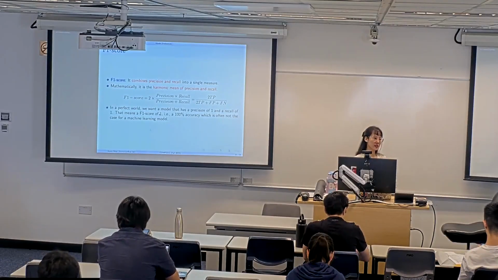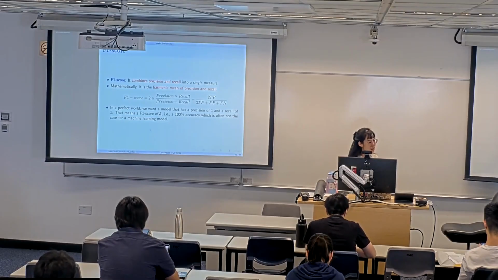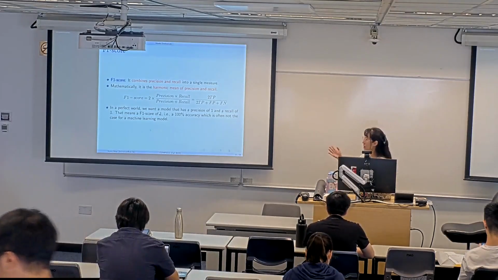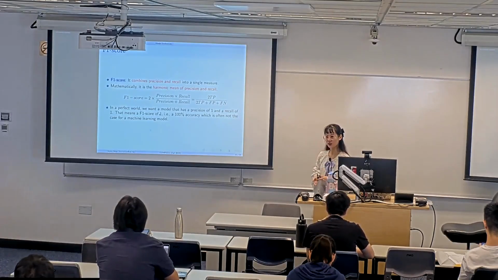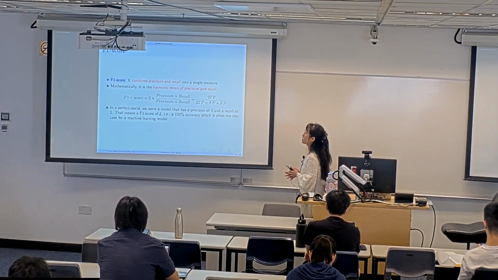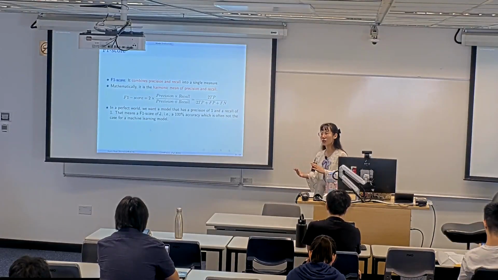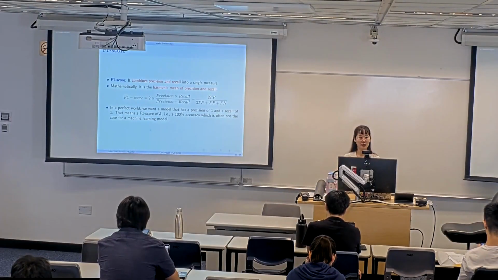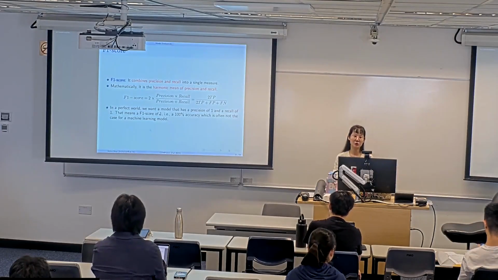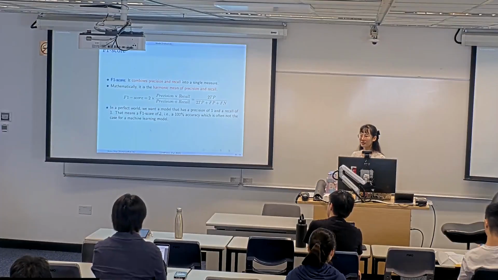Usually after you train it and test it on a new data set, you cannot have 100% accuracy. There must be some mistakes. So we usually use the F1 score to find a balanced evaluation metric. Any questions so far regarding precision, recall, and F1 score?